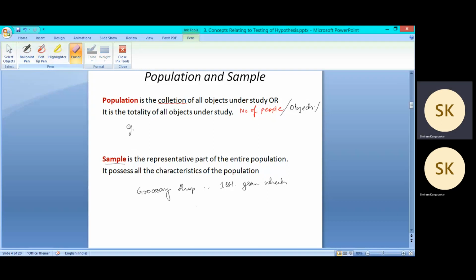After that we decide. So after taking a handful of grains and checking its quality, we make the decision. This is nothing but the sample: we take it, examine it, and then take the decision. So a sample is a representative part. If you like the sample, you will purchase the grain, otherwise not. So the sample possesses all the characteristics of the population.